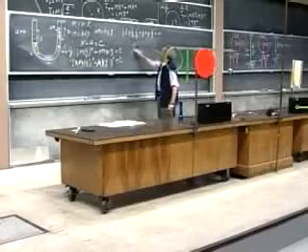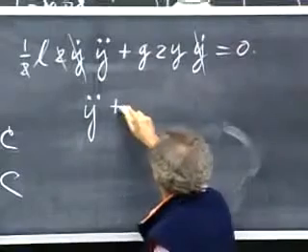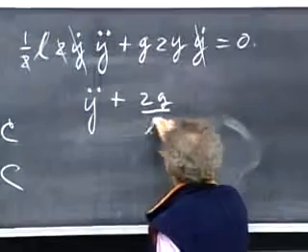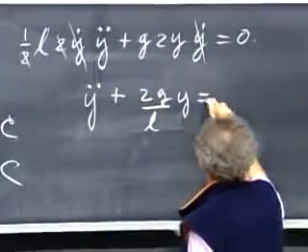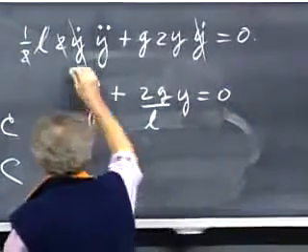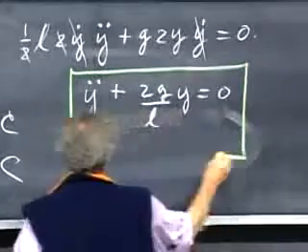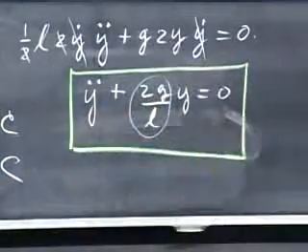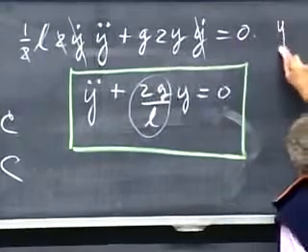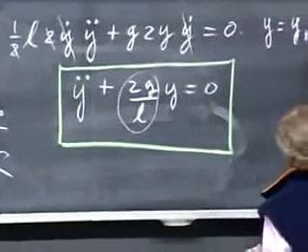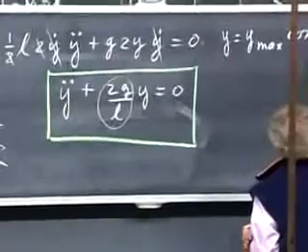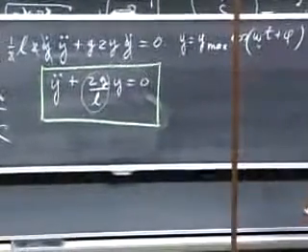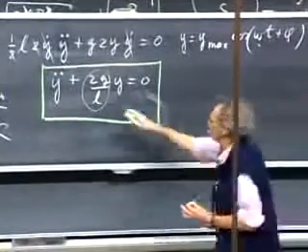And so I find that y double dot plus 2g divided by L times y equals 0. And that was my goal, because this is clearly a simple harmonic oscillation, because this is a constant. And it will oscillate in the following way: y equals y max times the cosine of omega t plus phi, and this is the angular frequency, which is directly related to the period.